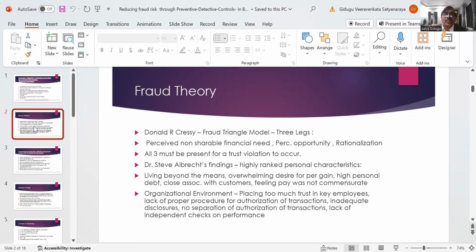If inadequate disclosures are there, that organization culture will promote fraud risk. No separation of authorization of transactions, lack of independent checks on performance.